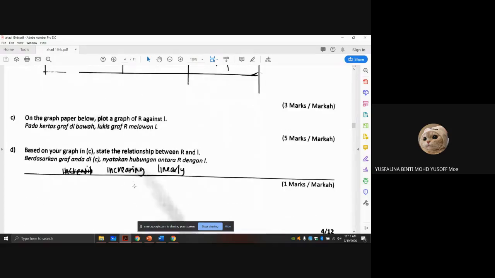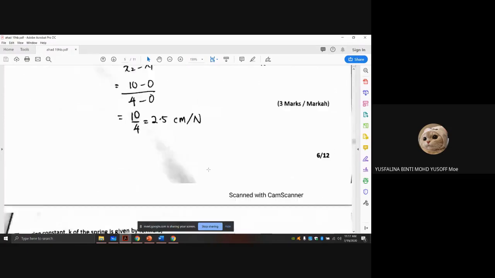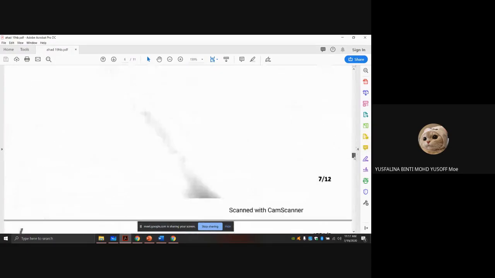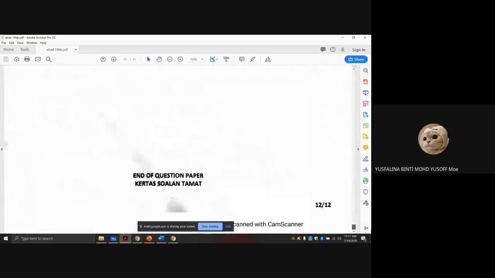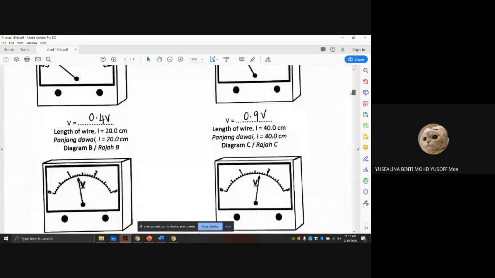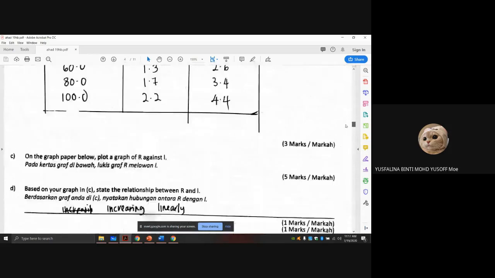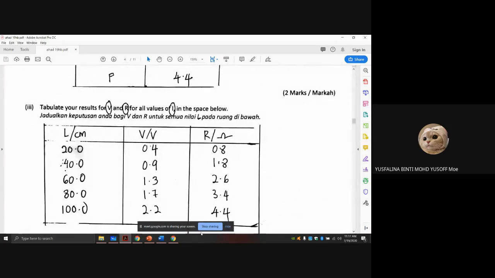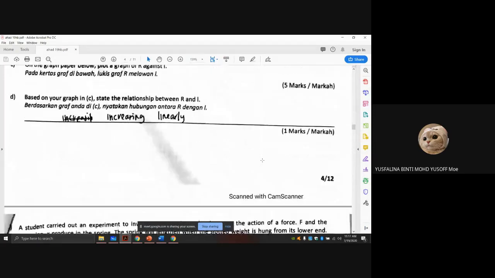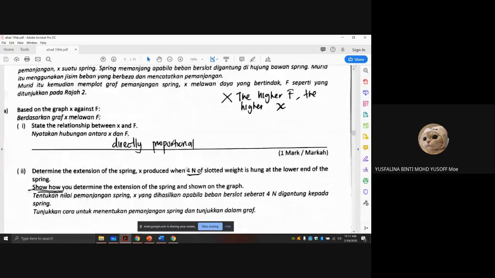Alright, and then the next one you have to draw the graph. Okay, so I think I draw the graph. Where is the graph? Wait, I show you the graph first. I forgot to scan the graph.